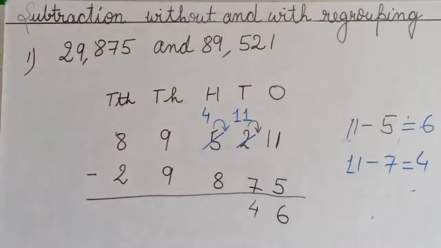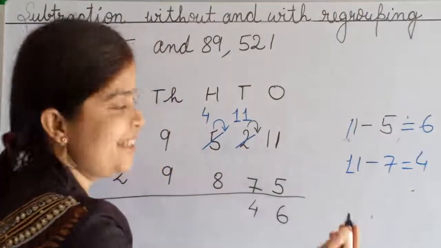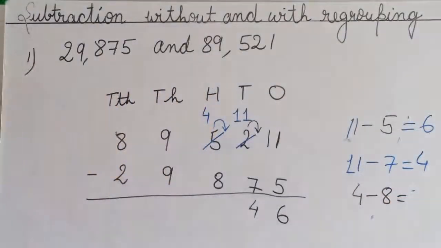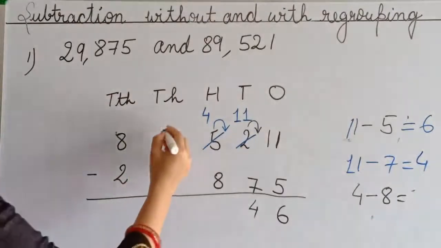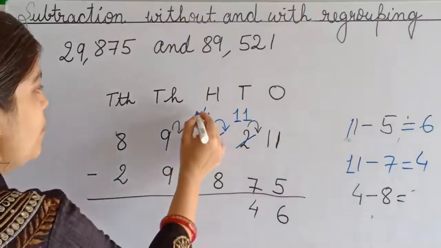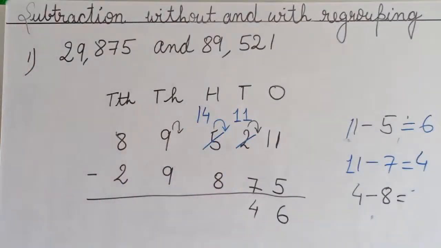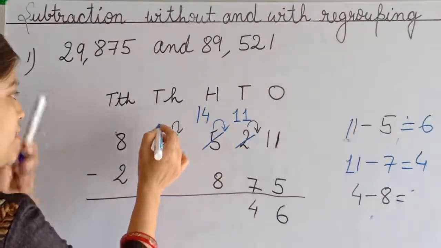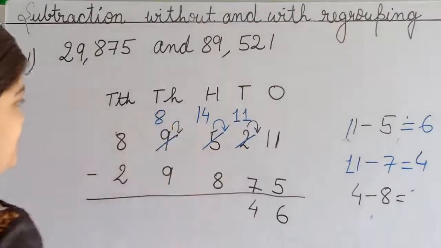Now again, it is not possible to subtract 8 from 4. Not possible. Again, this 400 has to borrow 1000 from there and it will become 1400. After borrowing it will become 1400 and this 9 will become 8000.